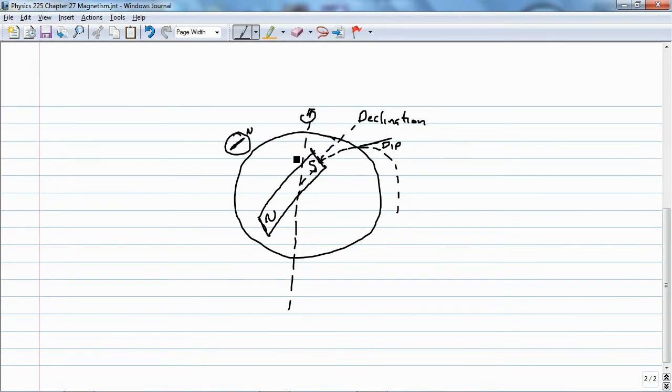Now you'll find on topo maps they will have an arrow that says true north, and then they'll have another arrow that says magnetic north.